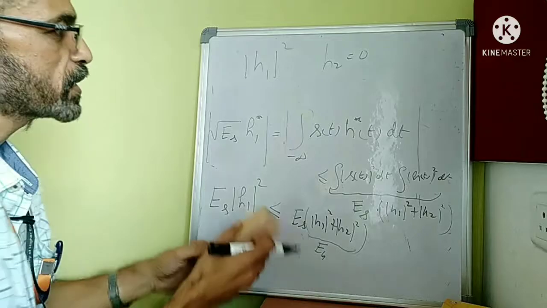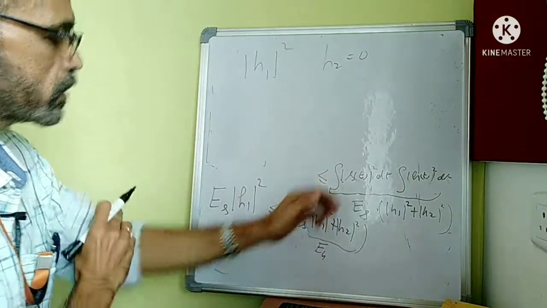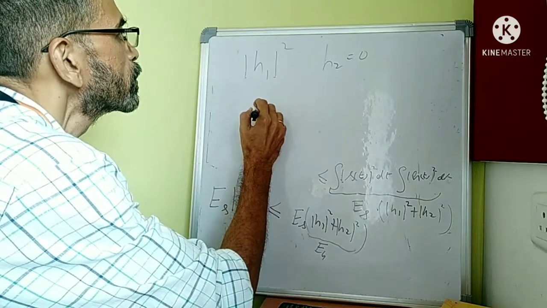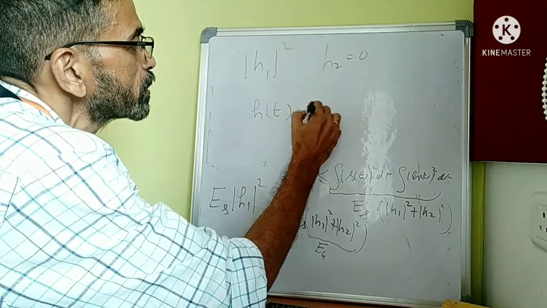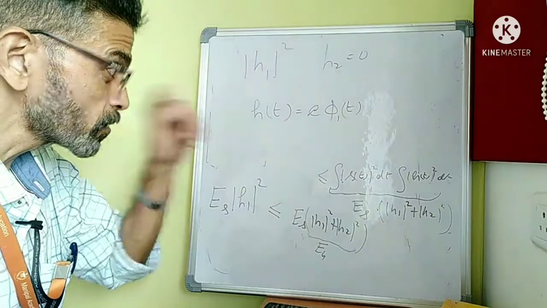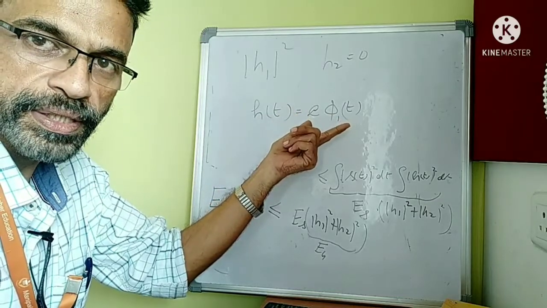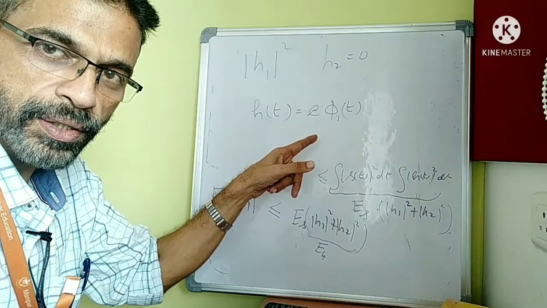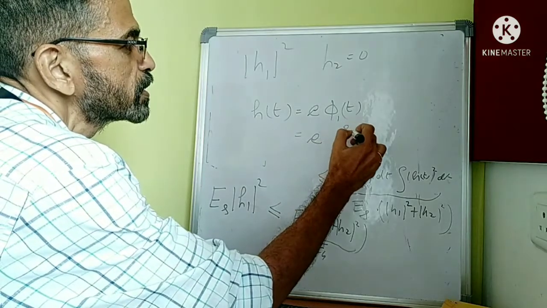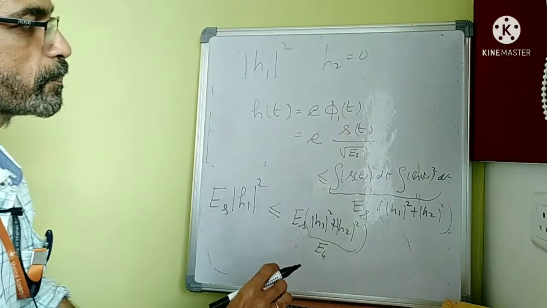And that means if the entire energy of the signal H(t) has to be in magnitude H1 square, then H(t) has to be a constant into phi 1(t). If H(t) is a constant into phi 1(t), then the energy of H(t) will be concentrated in its one and only coefficient, which is getting multiplied by phi 1(t), which means that this is the same as C S(t) by root ES.